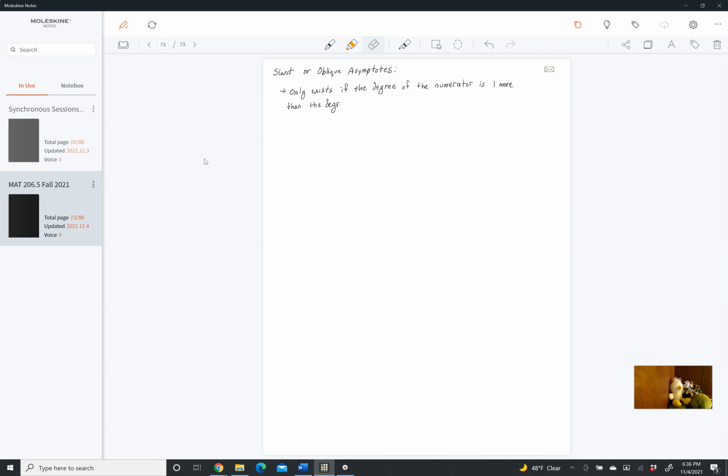Notice if the degree of the numerator is greater than the degree of the denominator, then we do not have a horizontal asymptote. So we're not breaking any rules that we've created for ourselves. It wouldn't be a function.